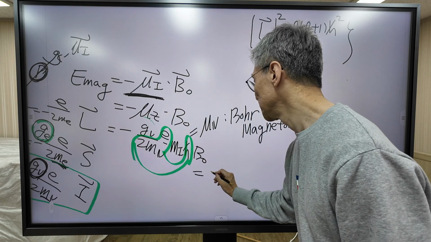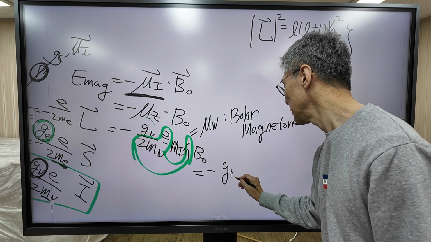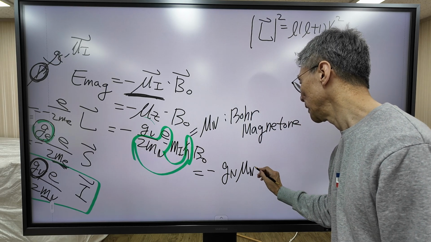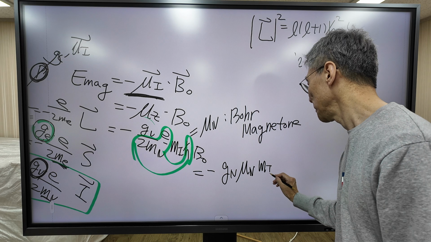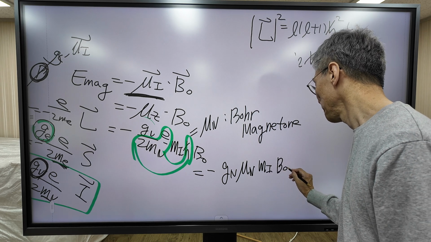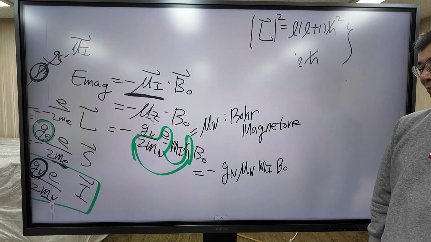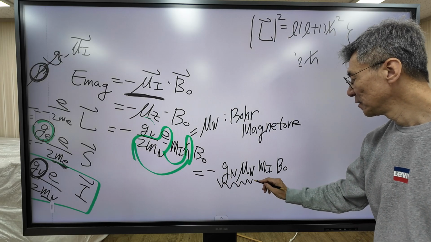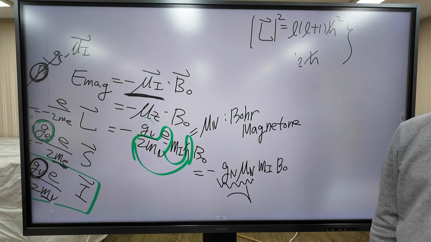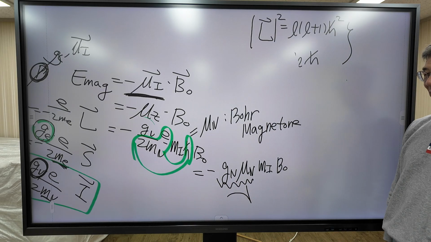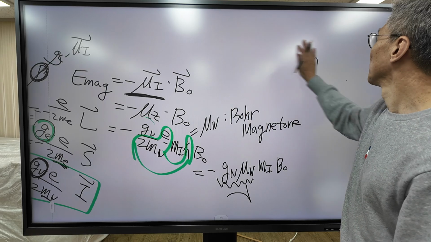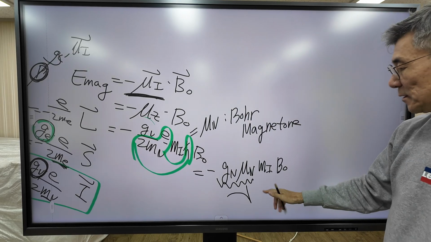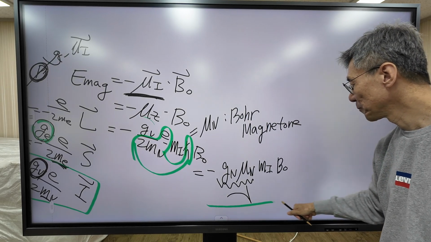So the energy may be expressed as minus gN mu N mI B0. This is called the magnetogyric ratio. This is our formula. So this is the magnetic energy.